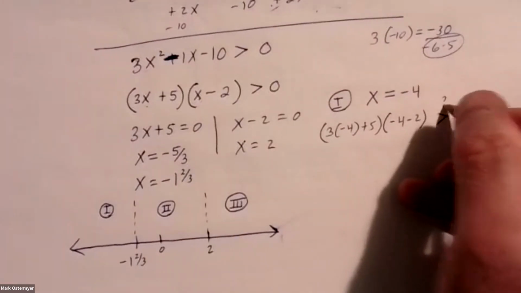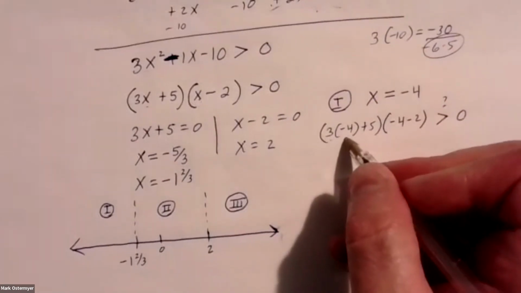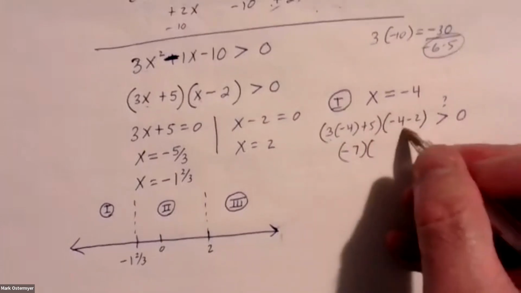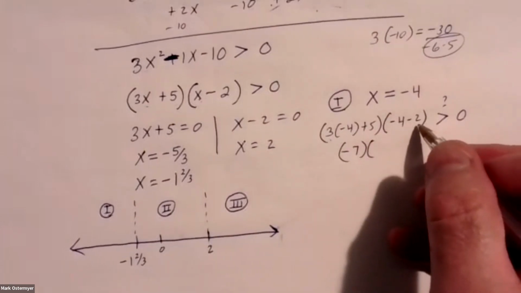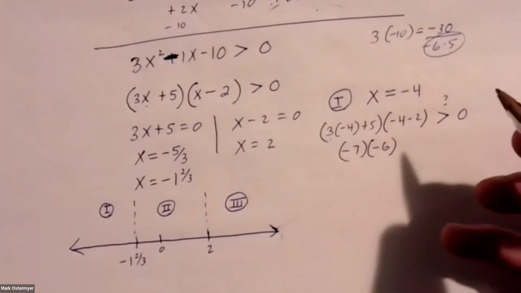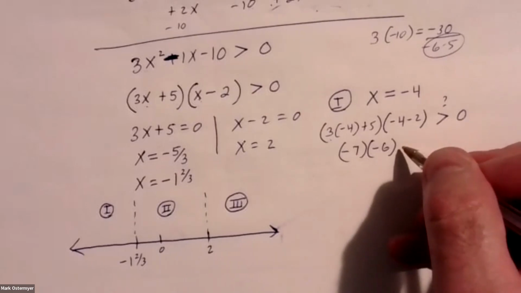And I'm going to ask myself, is this greater than 0? This is negative 12, and negative 12 plus 5 is negative 7. What is this going to be? Negative 6? Negative 7 times negative 6 is what? Positive 42, is that correct?